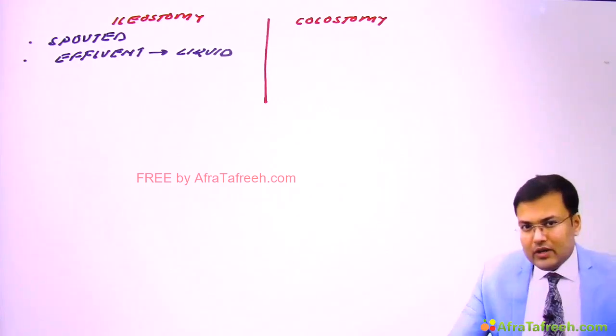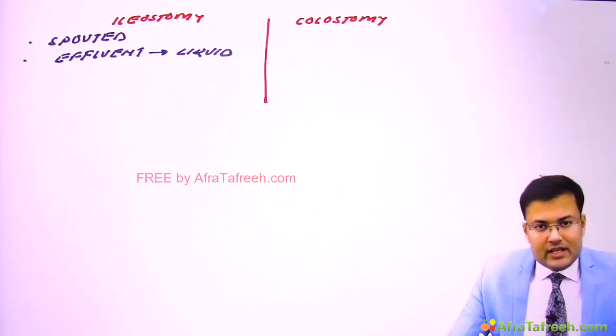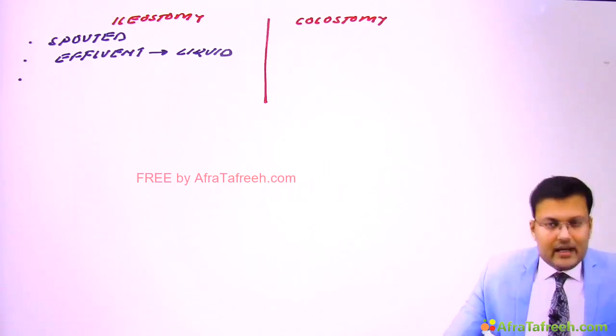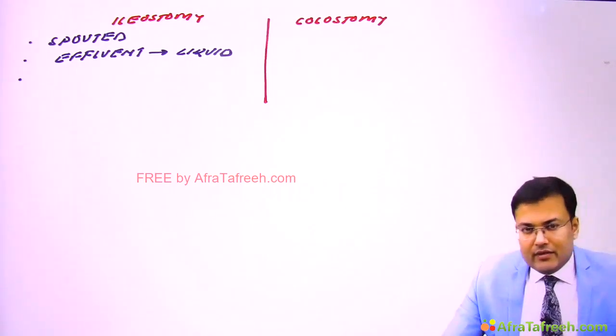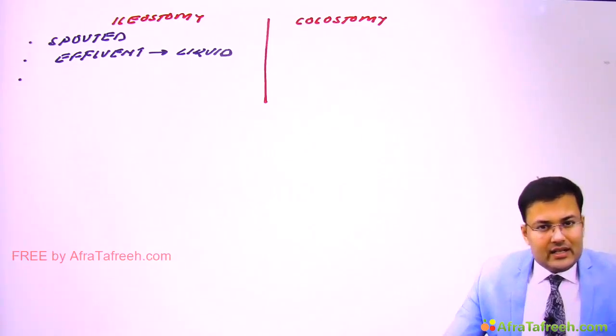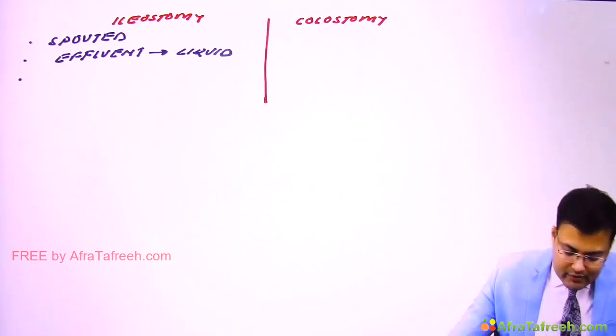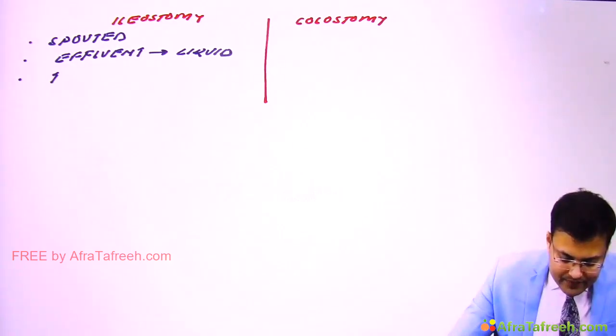If it is not spouted, then there will be spillage of this liquid leading to excoriation dermatitis. Second problem, in ileostomy, since there is liquid effluent and there is increased output coming from the ileum as compared to colon, that's why in ileostomy there is increased risk of dyselectrolytemia.